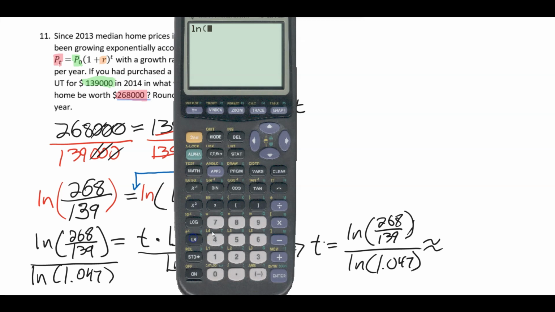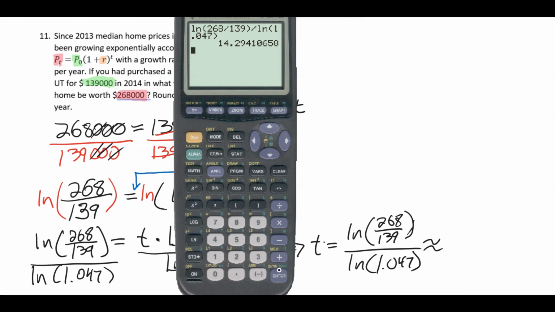So it's natural log, parenthesis, 268 divided by 139, close parenthesis, then the divide, then natural log, open parenthesis, 1.047, close parenthesis, and we want to approximate this to the nearest year.